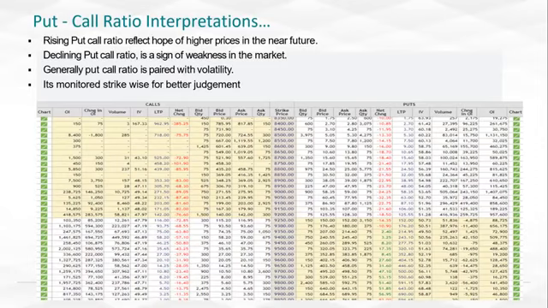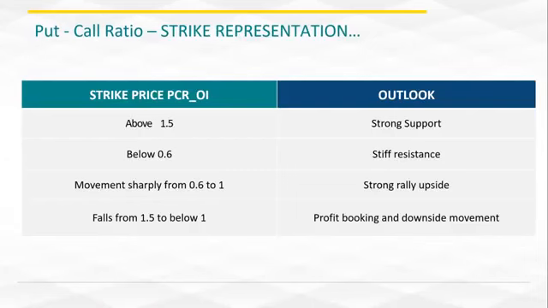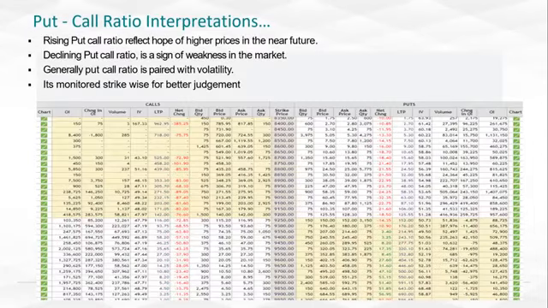Likewise, declining put call ratio is a sign of weakness in the market. So when we have a lower put call ratio, like we discussed in the previous slide about the levels, it is a sign of weakness. Generally, put call ratio is paired with volatility to have a better understanding of the market. And like I've said, it is usually monitored strike wise for better judgment.